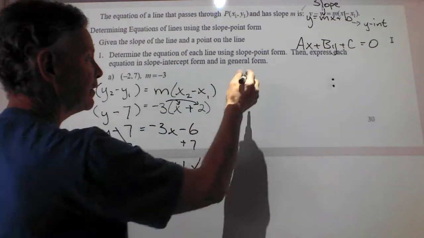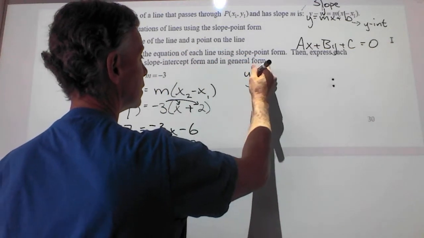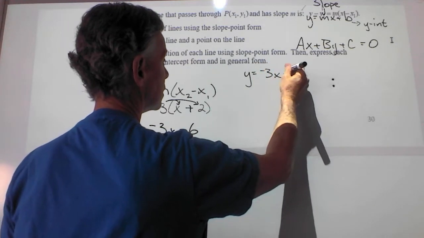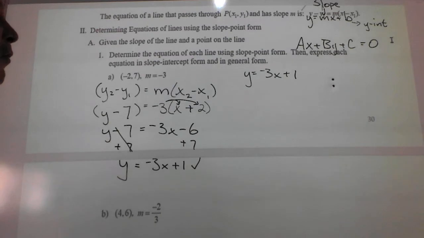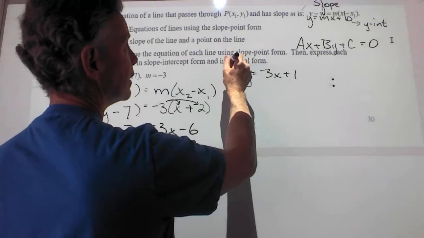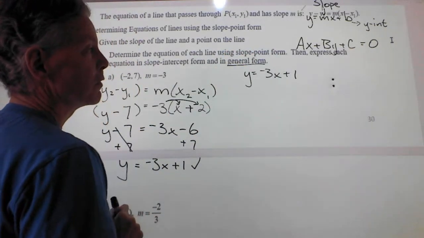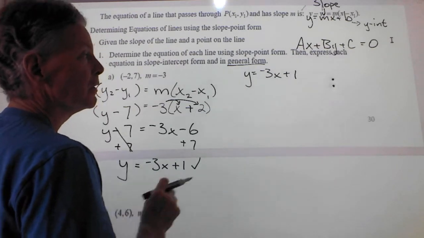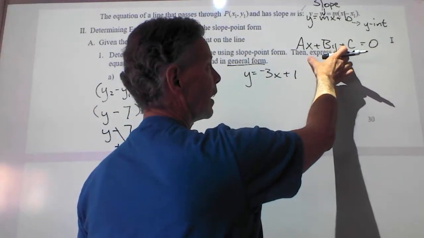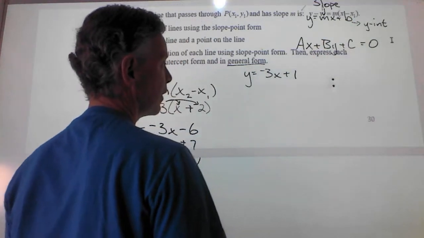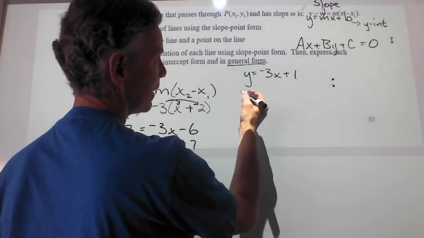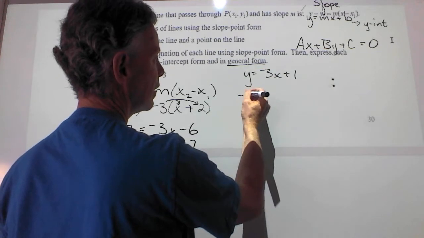So now we're going to take our equation of the line in slope-intercept form, and we're going to put it in general form, which, remember, simply means we move everything to one side and then we check the numbers. Okay, so let's move everything to one side. Well, that's easy. We just have to get rid of the y.